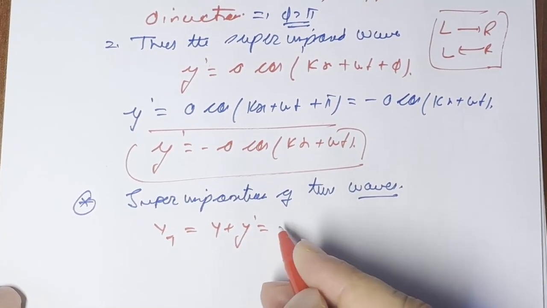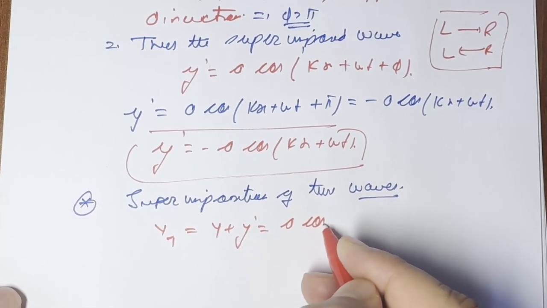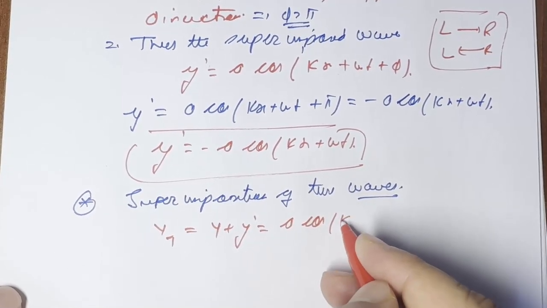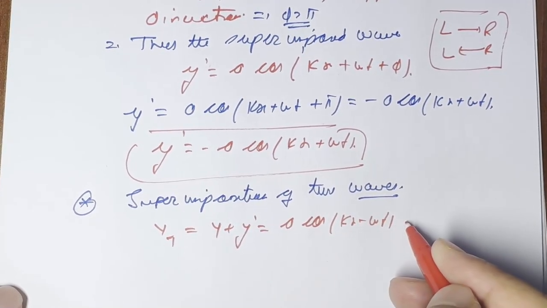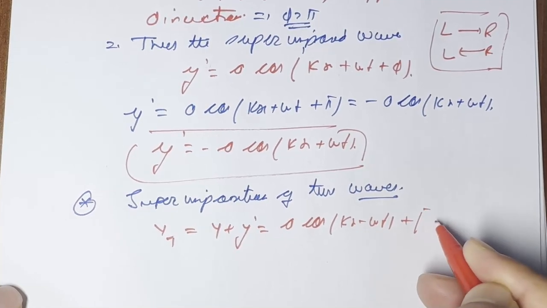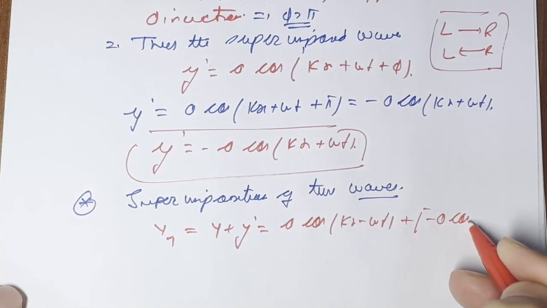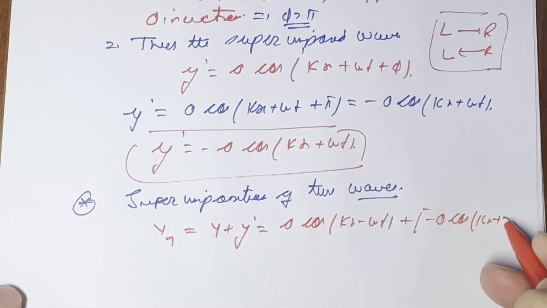So we can write this as a cos of kx minus omega t, plus a cos of kx plus omega t with the sign from above.